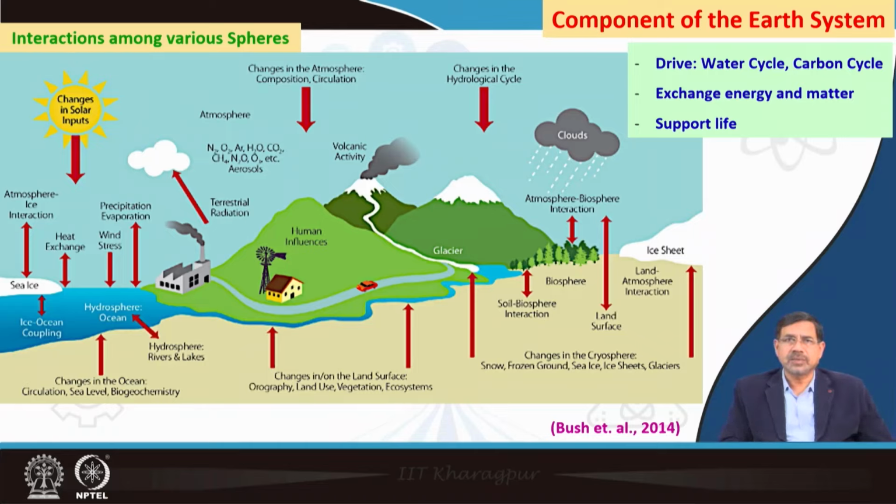So we are all now concerned with carbon dioxide, methane, water vapor, and nitrous oxide. We put these three as the well-mixed greenhouse gases: carbon dioxide, methane, and nitrous oxide. All these greenhouse gases are considered as drivers.